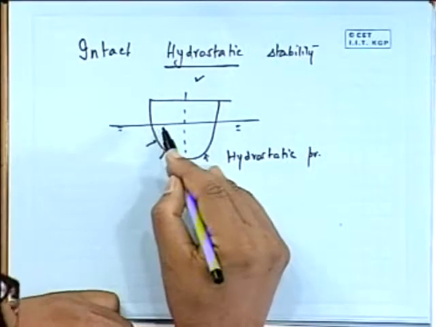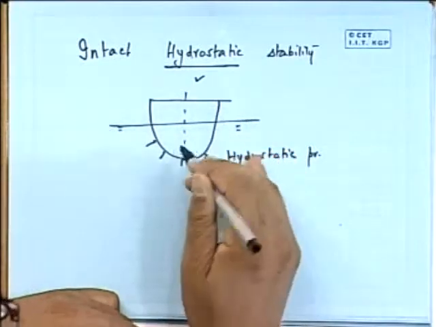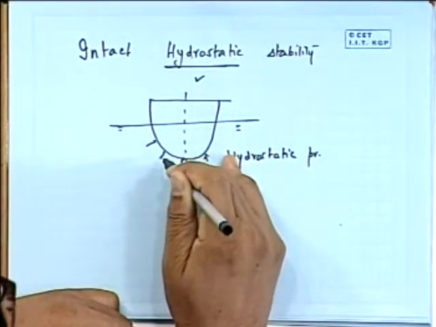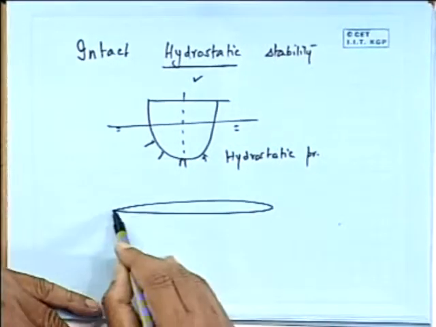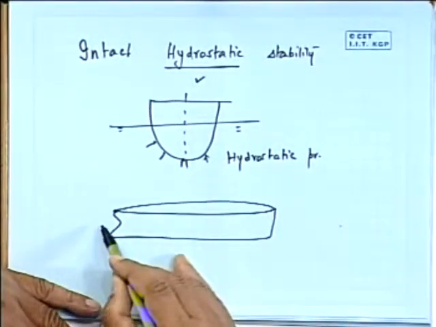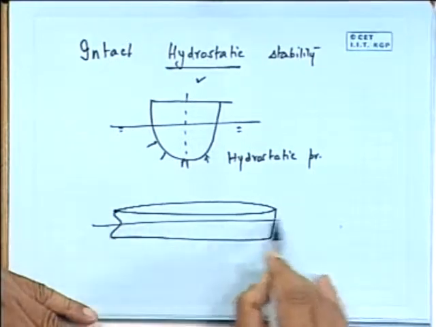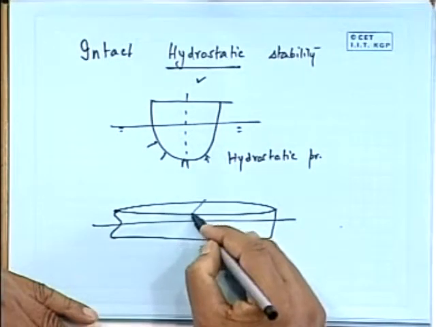This is another example of stability of a system. So as I said, what we want to talk about in these lectures is ship stability only under the action of hydrostatic pressure. Now it turns out that if you look at a ship here, we talked in earlier lectures about its rotation about the longitudinal axis.